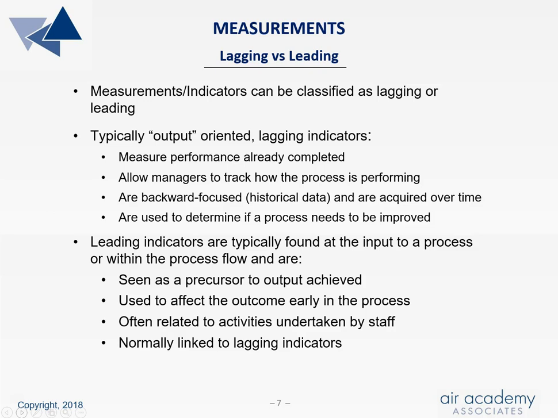Bottom line, leading indicators drive action by staff members or process workers that impact lagging indicators or output measures. Leading indicators help to sustain the process level of performance or improve the level of performance, if that is the goal. A well-documented process flow can help determine what constitutes a good leading indicator and where it fits in the process.